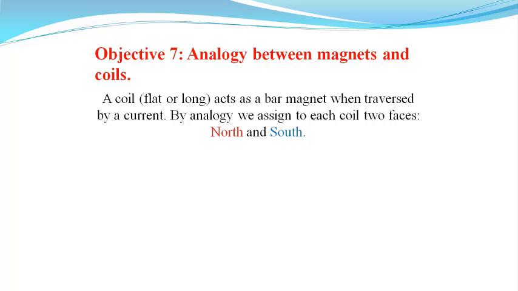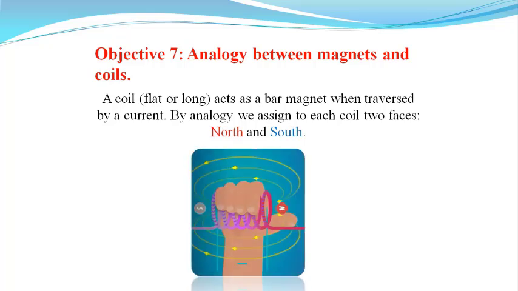A coil, either flat or long, acts as a bar magnet when traversed by a current. By analogy, we assign to each coil two faces, either north or south. We've previously explained it briefly, but now we will explain it in detail. This is the coil.